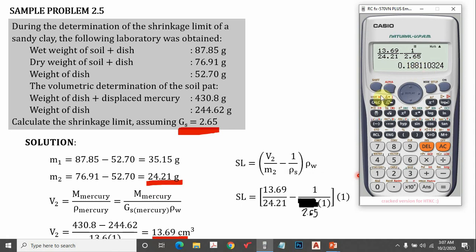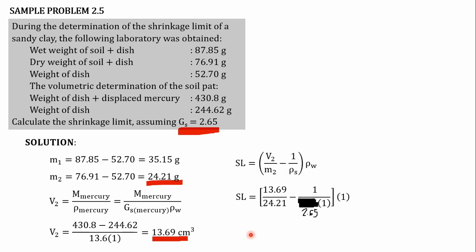So the shrinkage limit is 0.1881, or in percent, 18.81%. This will be our final answer, class: 18.81%. So there is no error in the answer.